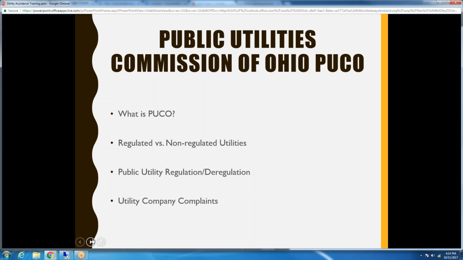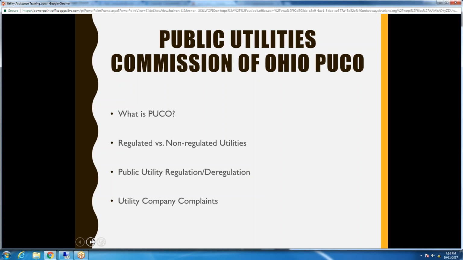PUCO was created to assure Ohioans adequate, safe, and reliable public utility services at a fair price. And more recently, PUCO has gained responsibility for facilitating competitive utility choices for Ohio consumers. So that's what PUCO basically is.